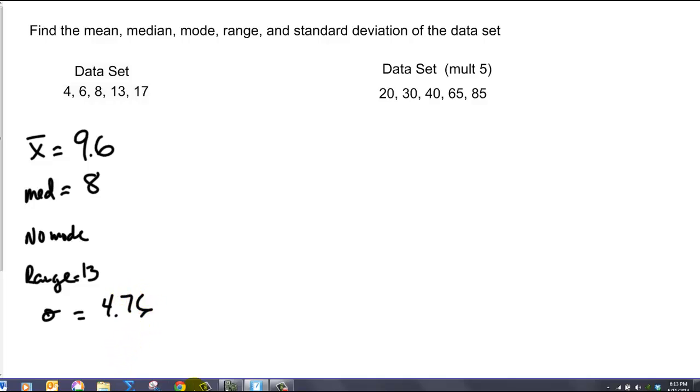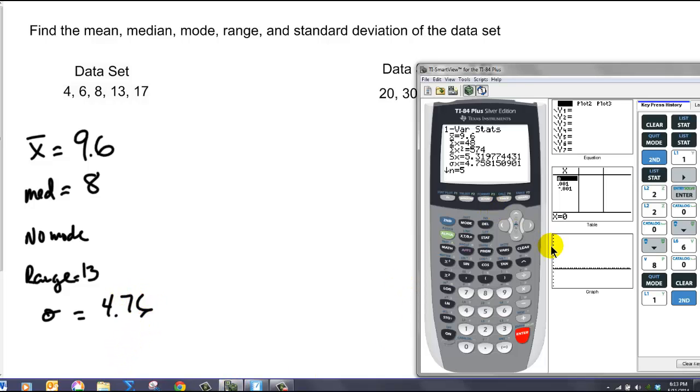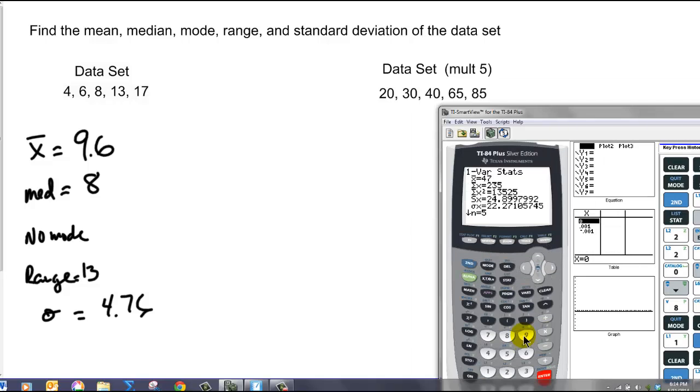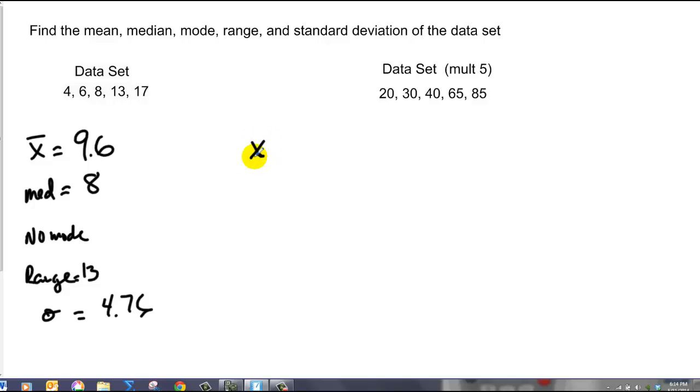Now we'll go ahead and calculate all that information for our second data set. So we go stat, calculate, one variable statistics for L2, and get our new values. And you'll notice in this case, our average is 47.